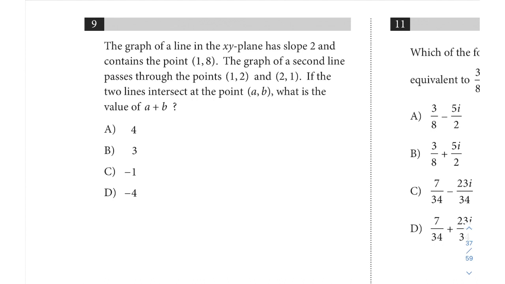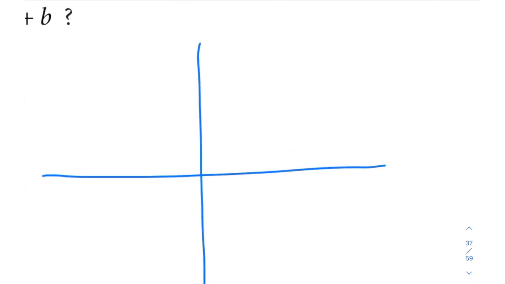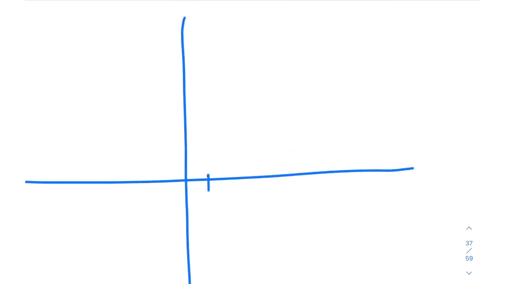Okay, so first let's see if we can get a visual on what this is going to look like. If we have a coordinate plane, then we can go 1, 2, 3, 4, 5, 6, 7, 8. So (1, 8), and put a point there.